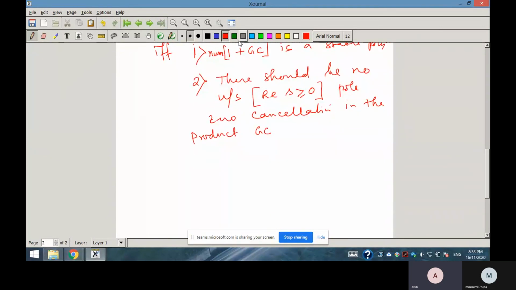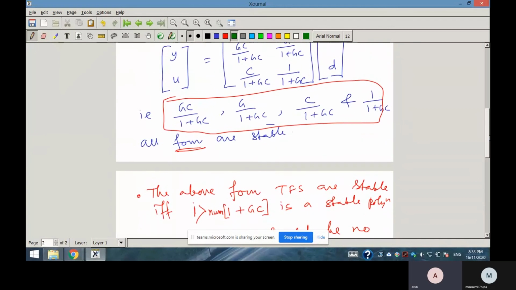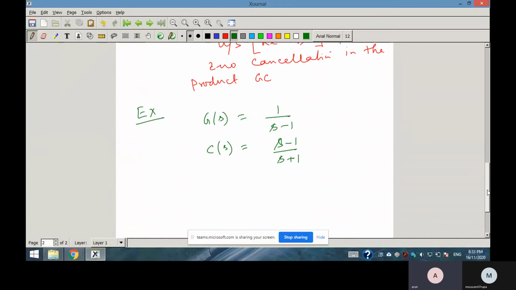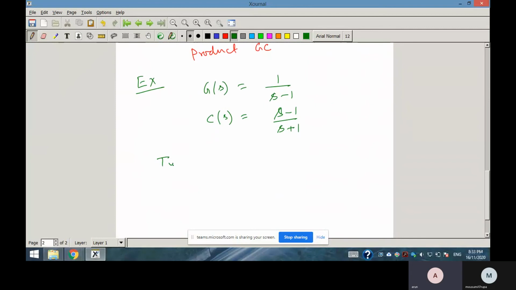For example, let me consider a simple system. Suppose G(s) equals 1 over s minus 1, and C(s) equals s minus 1 divided by s plus 1. Then what is T_yr? T_yr is GC by 1 plus GC.